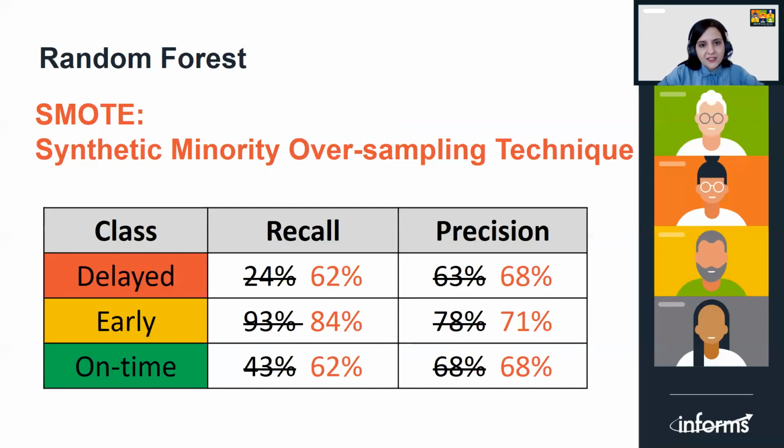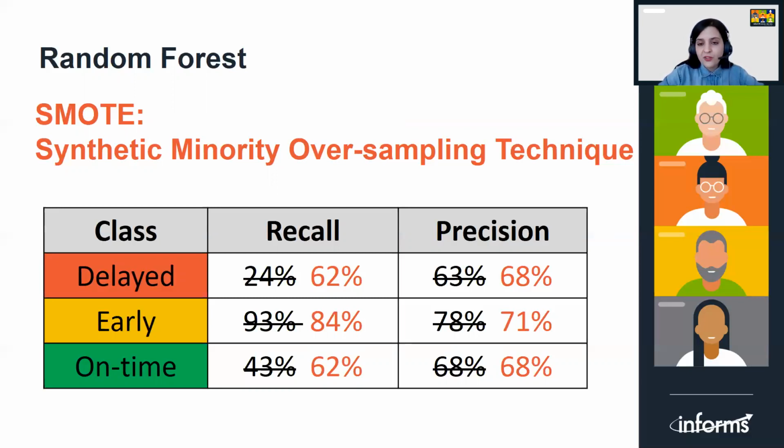And we can see that the results became much better for the recall parameter. Now we have 62% of delayed departures identified correctly. But in terms of precision, the results did not change that much.